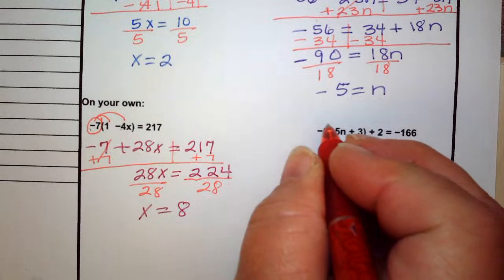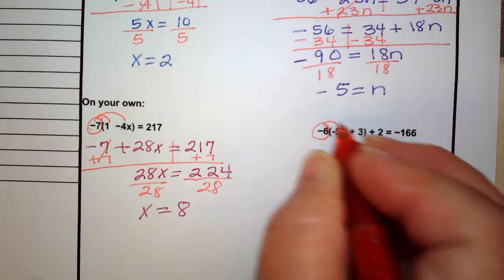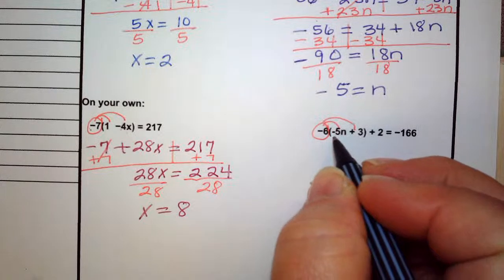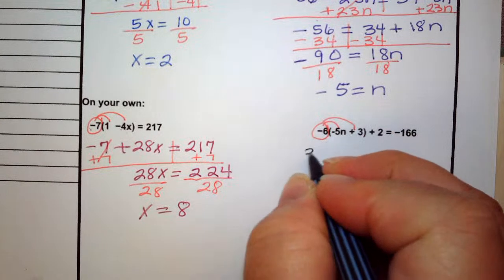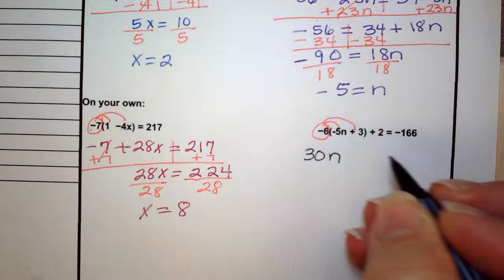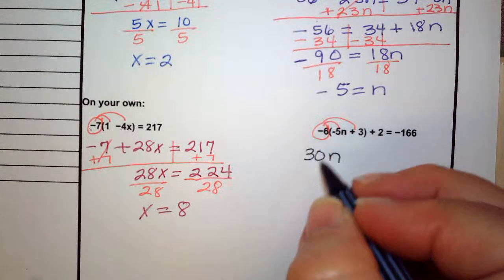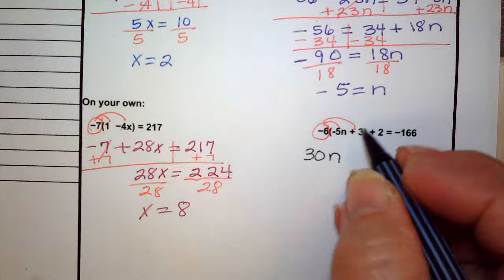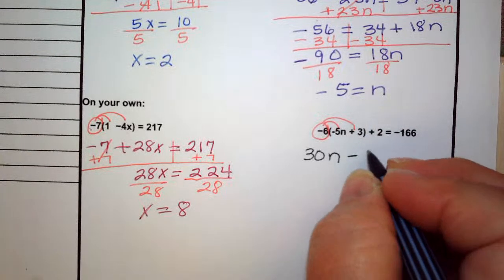I really hope you're just checking your answers. So, negative 6 times negative 5n is 30n, because negative times negative is that positive. Negative 6 times positive 3 is negative 18.